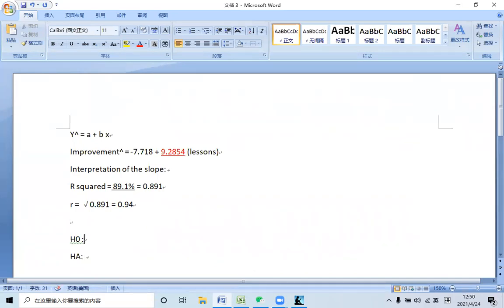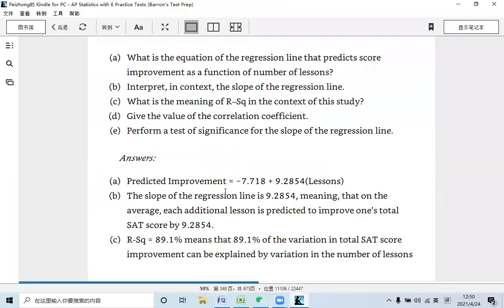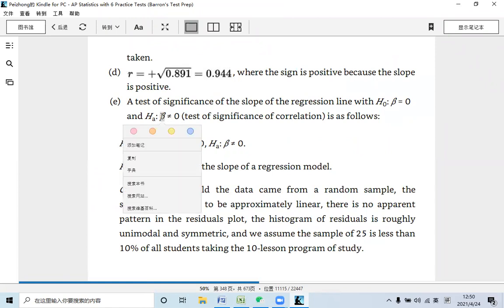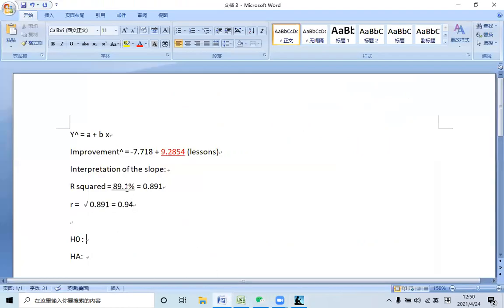What would be the null hypothesis? The slope is 0. Beta, the slope is beta.